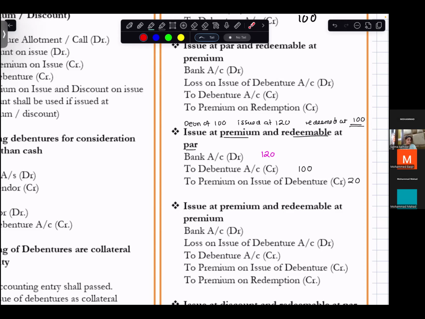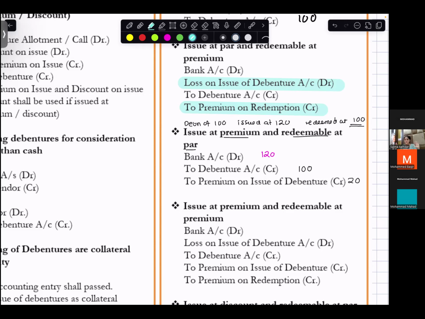If you face any loss on redemption, what entry do you pass? Loss on issue of debentures debit to premium on redemption credit. But here you issued your debentures at 120, so you receive 120, and when you redeem it you are going to pay 100.